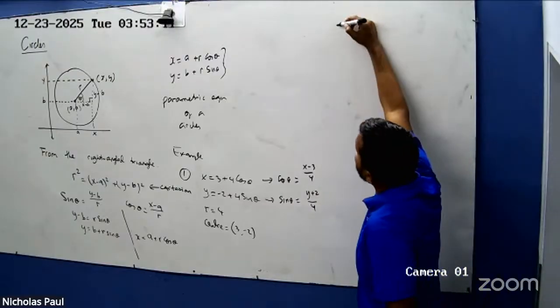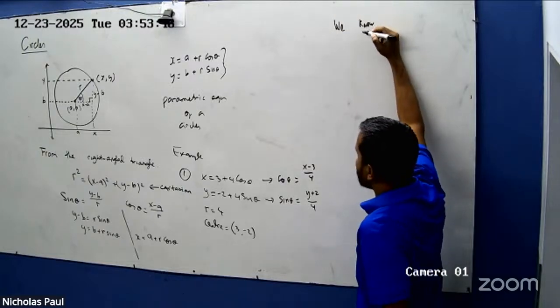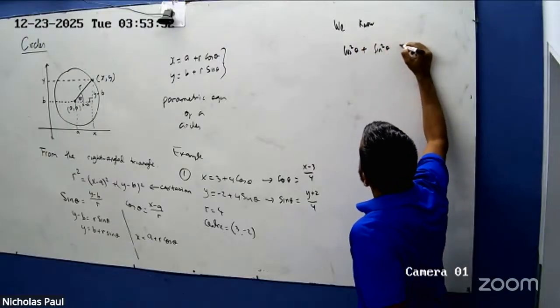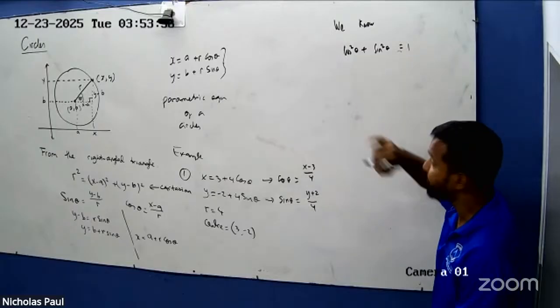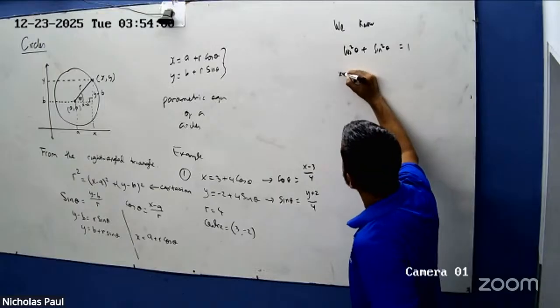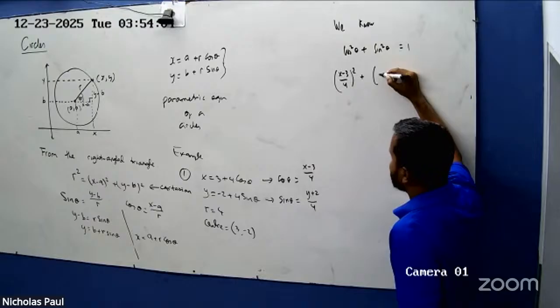And remember, we know that cos squared theta plus sin squared theta is 1. Remember that? So I could put in cos theta and I could put in sin theta.